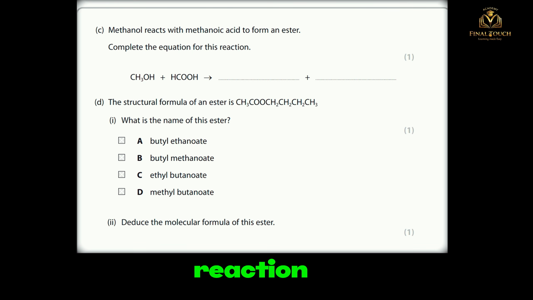Complete the equation for this reaction. So the ester that forms will be HCOOCH3. As we know, we take the first part from the carboxylic acid, then we react it with the first part of the alcohol, and the other product will be water.